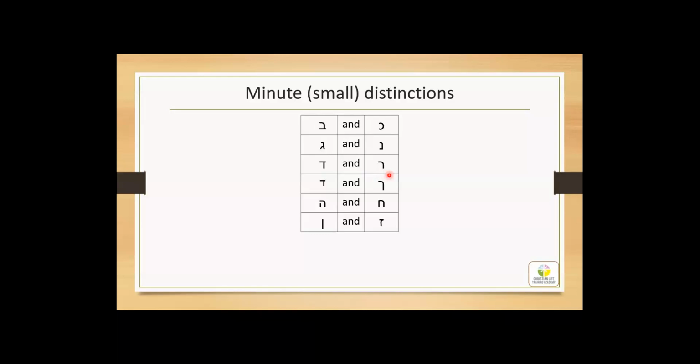But this one is just a round R. That is a resh. That is a dalet. Oh, okay, that is a resh. Yes. We're going to meet it later, but that is a resh. See, the resh is round, whereas the dalet goes past in the tittle, comes back a little, and goes down.